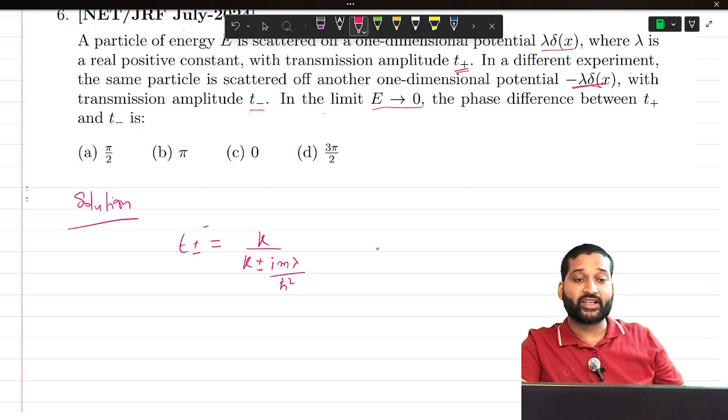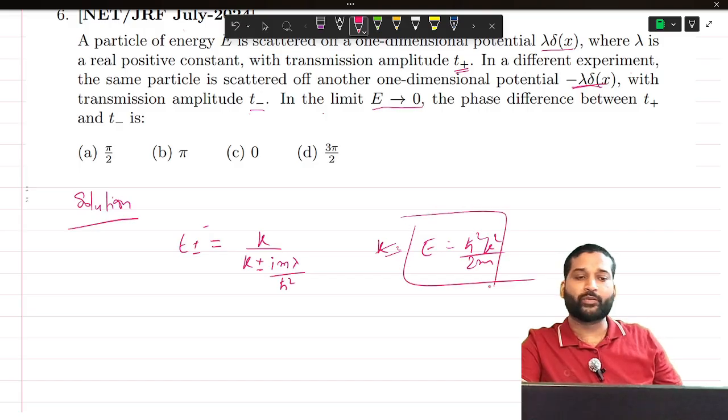What is K here? K is related to energy, where E is equal to h cut square K square by twice m, which is the energy of a free particle.